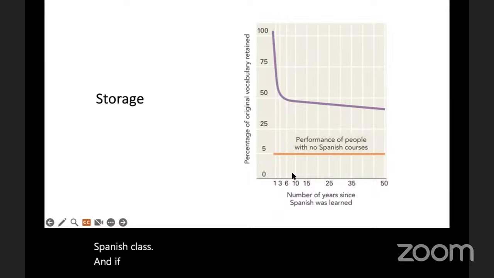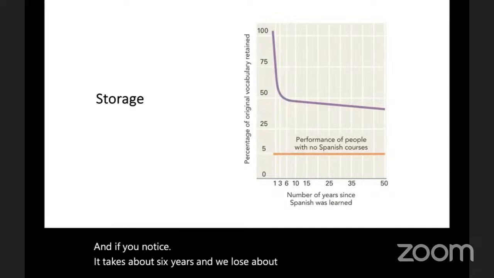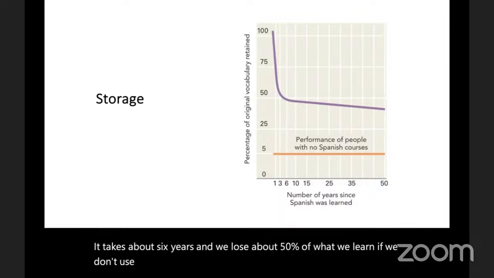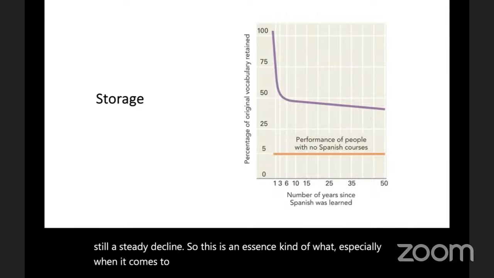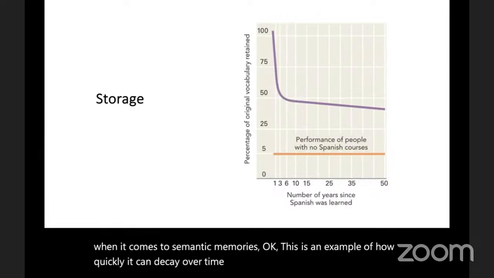If you notice, it takes about 6 years and we lose about 50% of what we learn if we don't use that information anymore. After that, there's still a steady decline. This is especially true of semantic memories, an example of how quickly they can decay over time if not constantly used.